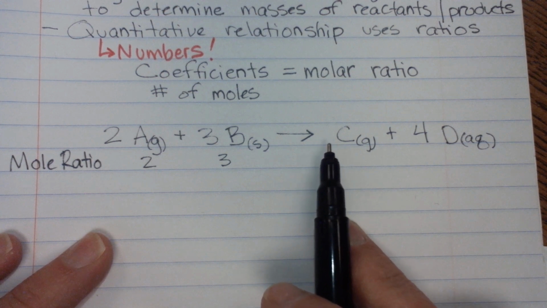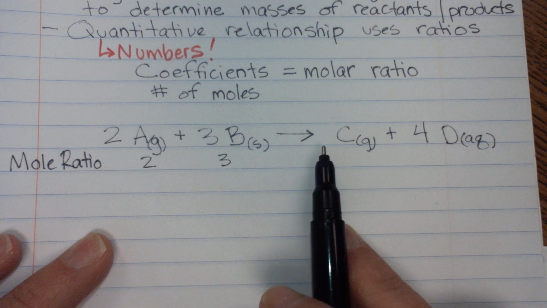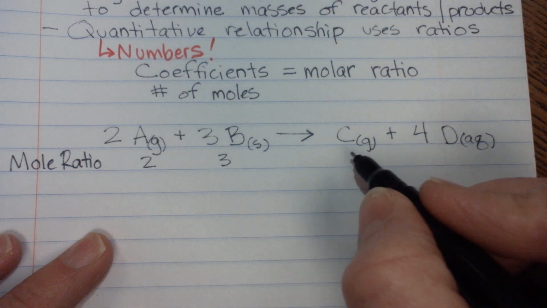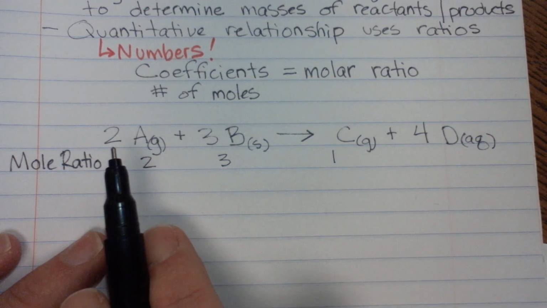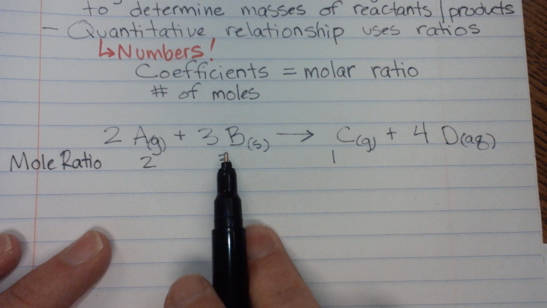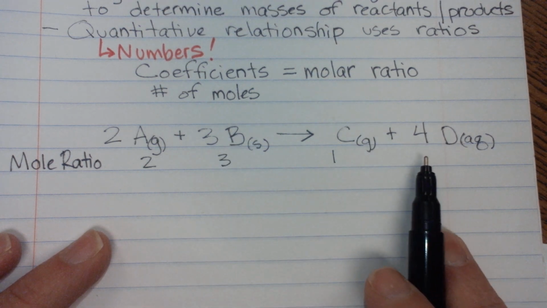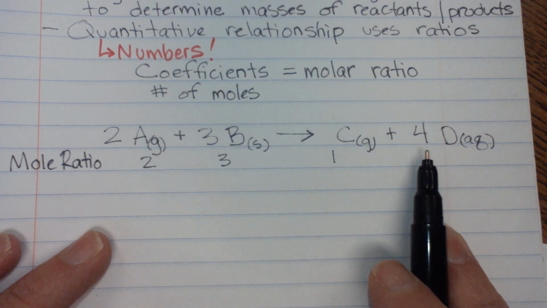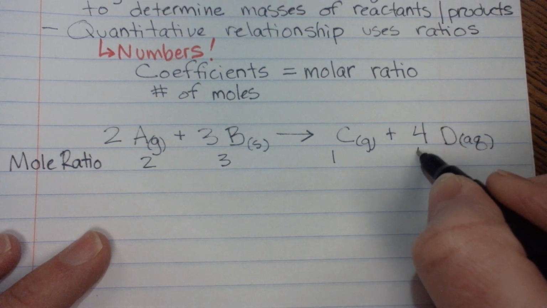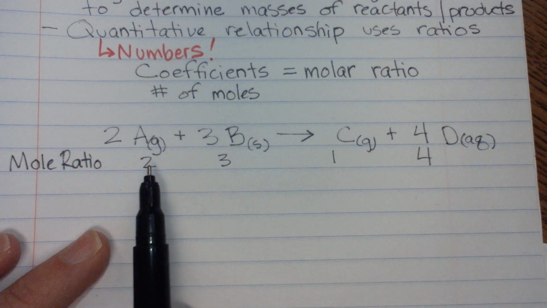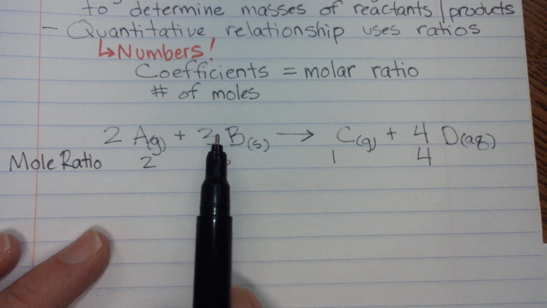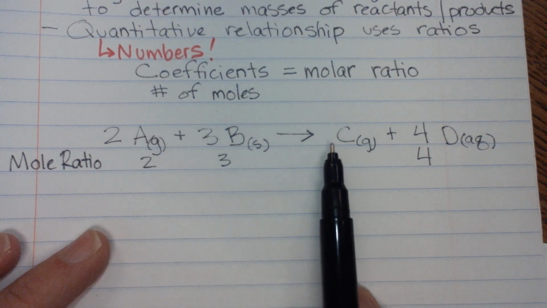What's that coefficient say? If there's nothing there, we know that it is an invisible 1, right? And so if I have 2 moles of A and 3 moles of B, how many moles of D am I going to come up with? 4. Right.